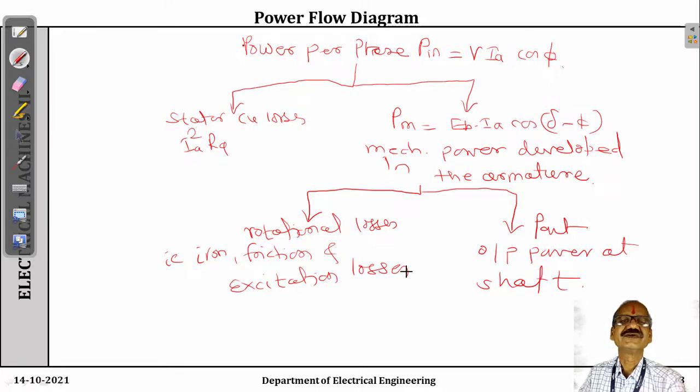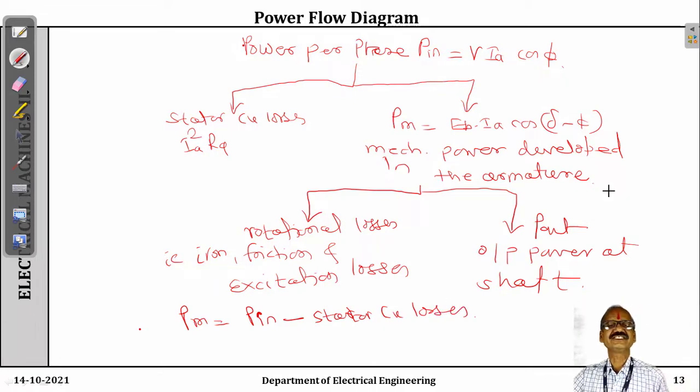Okay. So in this way, this is shown per phase power, or in other words, we can write P_m is nothing but P_in minus stator copper losses. Okay. So in this way, we can show the power stages also.